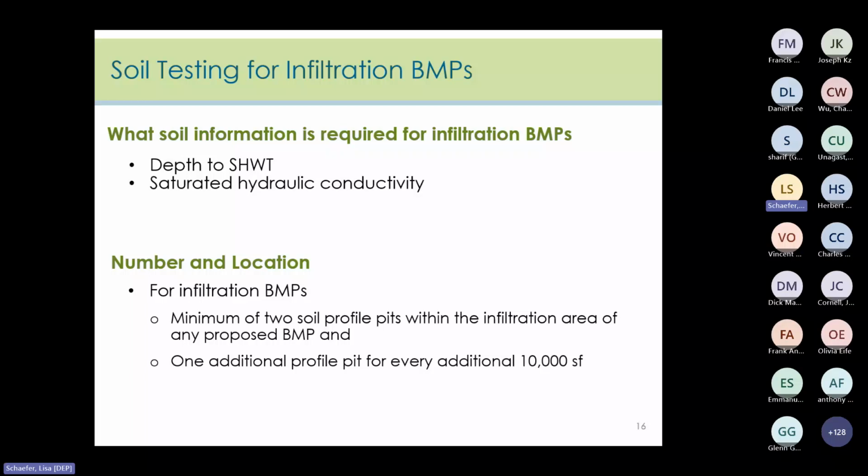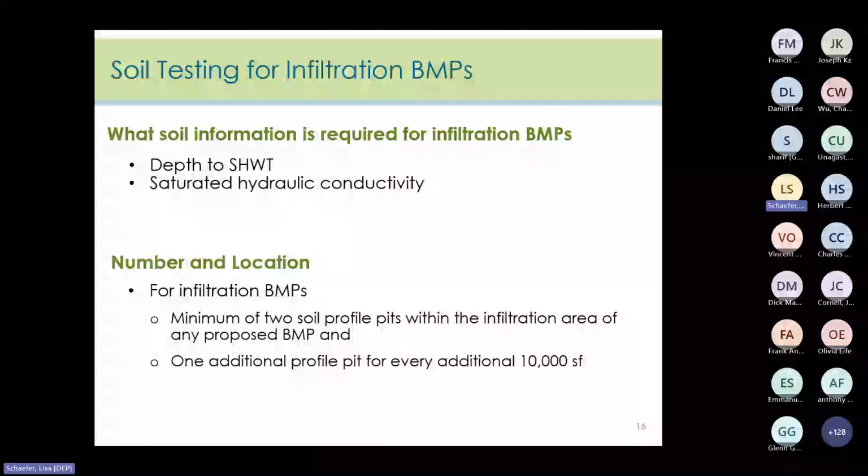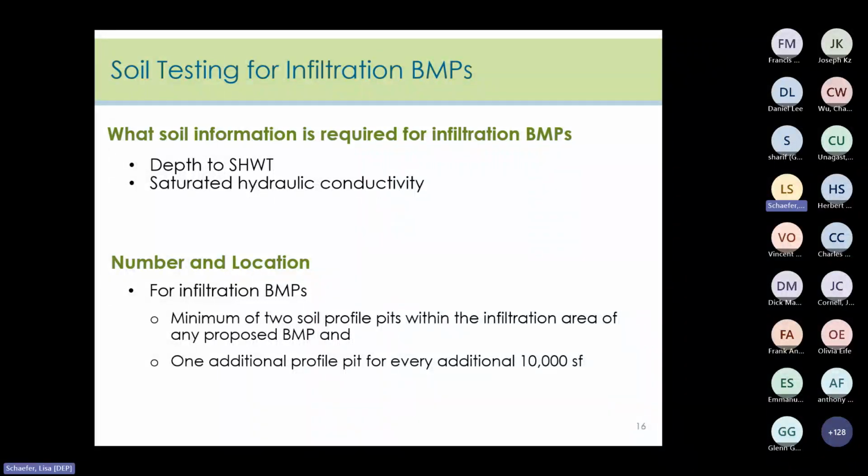So when reviewing the plan, in order to verify the locations and numbers of the soil profile pits, you'll need to see a site plan depicting those locations to make sure they are within the infiltration area of the proposed BMPs. Okay, now, substitution and proximity information are also found on page 17 of chapter 12.